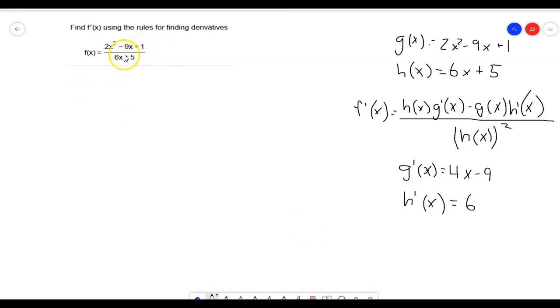Now let's plug all of this in here. f prime of x is going to be equal to h of x, which is 6x plus 5, times g prime of x, which is 4x minus 9. Now we're going to have a minus.